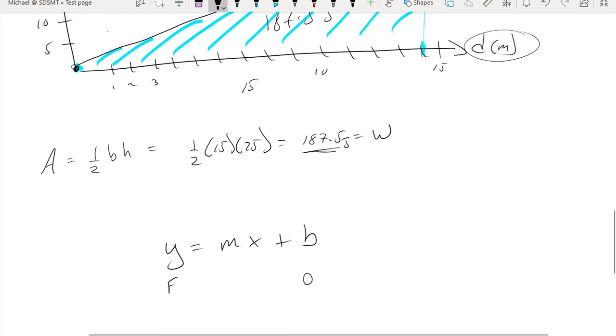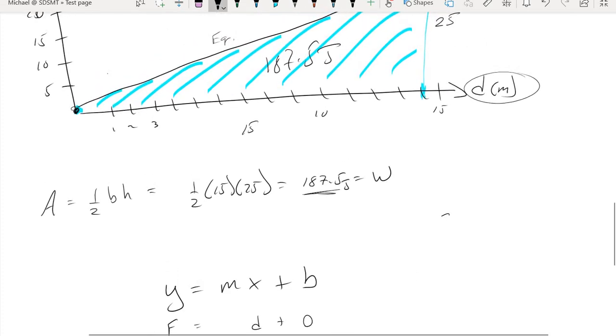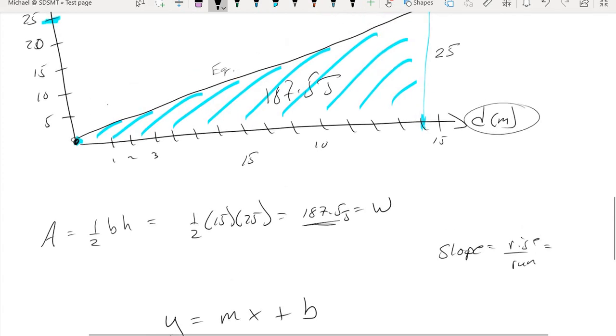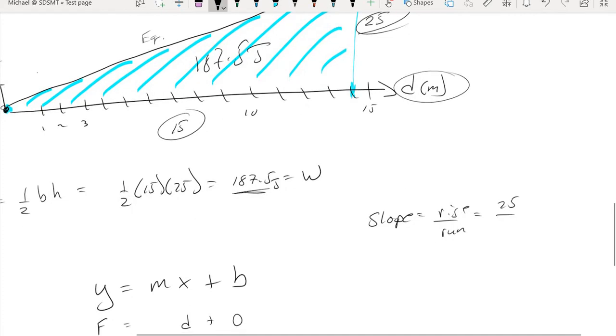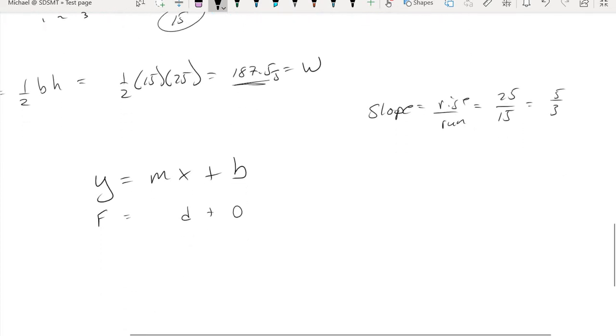We said y was equal to f, x was equal to d, and the only thing that's left is to find the slope. But slope is the measure of rise over run. Rise is the change in the vertical, 25. Run is the change in the horizontal, 15. So 25 over 15, that'll reduce to 5 over 3.